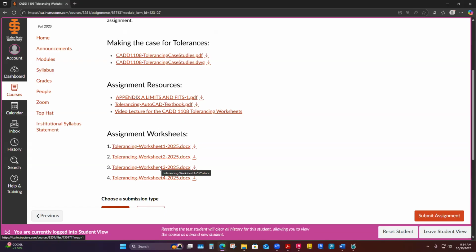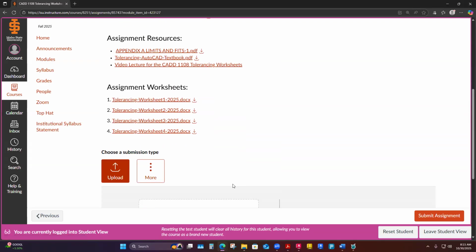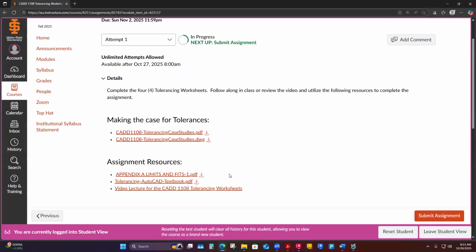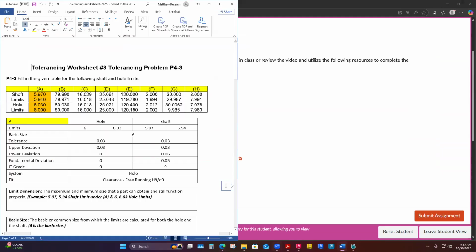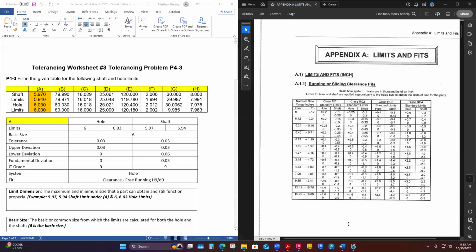But yeah, worksheet three and four is the last two we need to cover. That's what I have pulled up here. And the appendix to go with it.